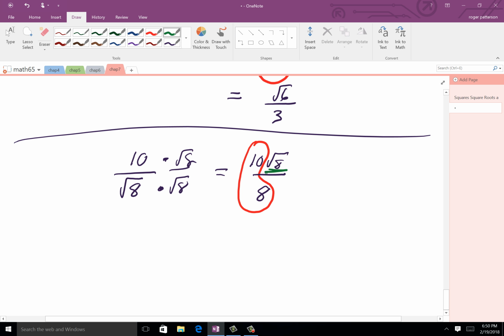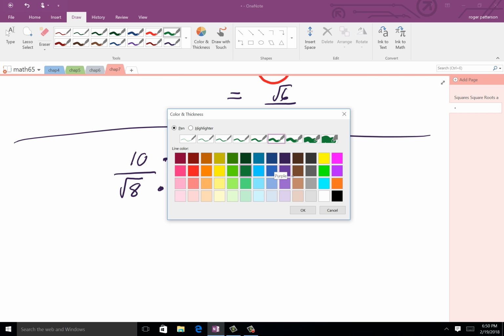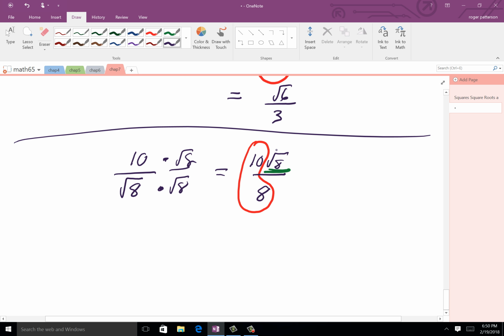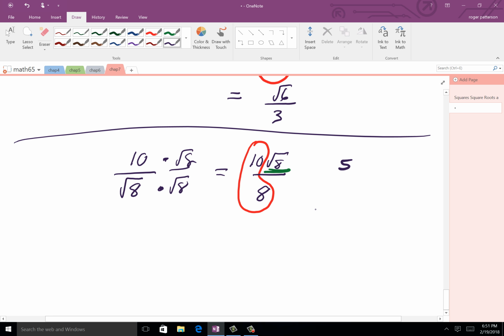All right, so we can reduce this, and we can reduce the fraction. And again, I guess it doesn't make a whole lot of difference which one we want to do first. All right? It's kind of up to you. So I think what I feel like I want to do here is, let's reduce the fraction first. So let's see, this is going to be a 5 square roots of 8 over 4. So I got that.